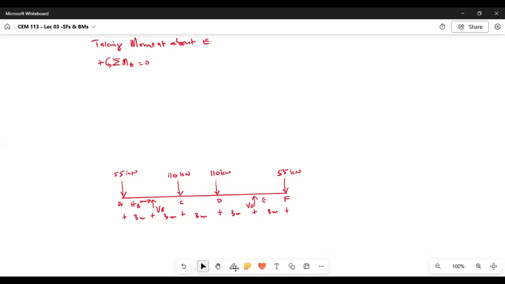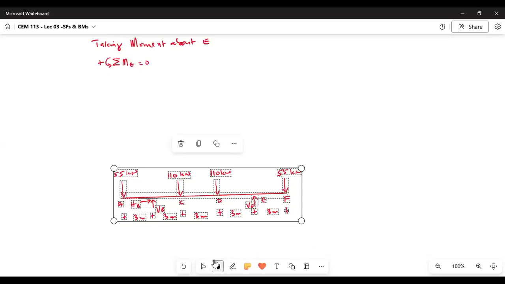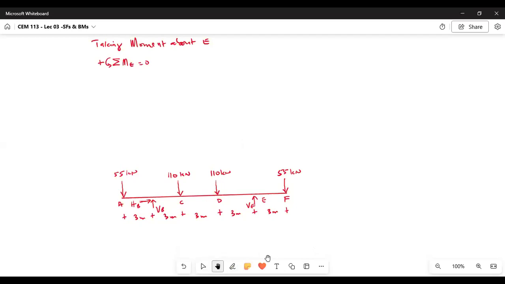Okay. So as you can see, once again, we are taking moment about what? E. Is that right? So I could have just ignored this triangle. I could have said this is now our pivot. So I'll consider to my right because some of the forces are there. This one about the pivot will be clockwise.